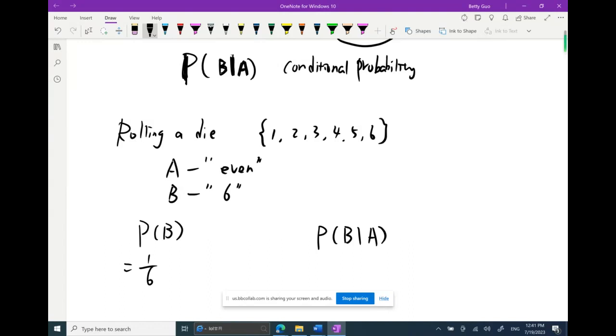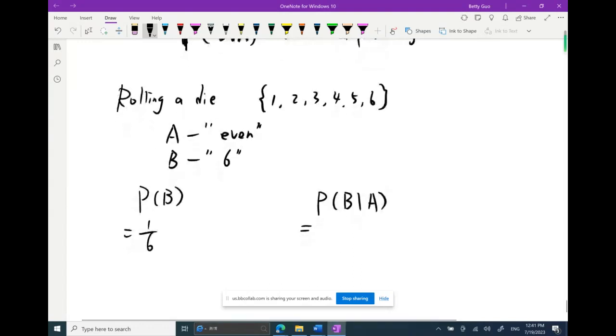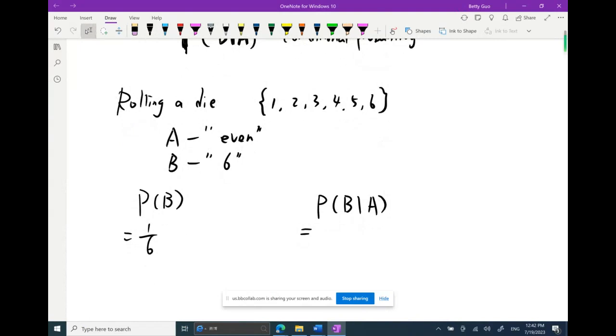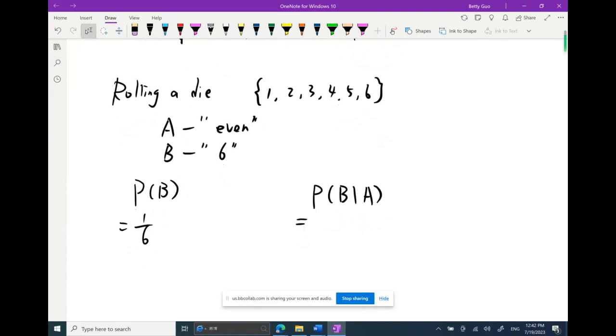And let's look at this probability, P of B given A. Let's explain the meaning of this notation one more time. P of B given A refers to a conditional probability. It is the probability of B occurring under the condition that A already occurred.